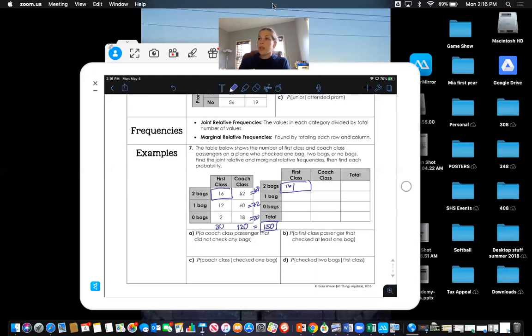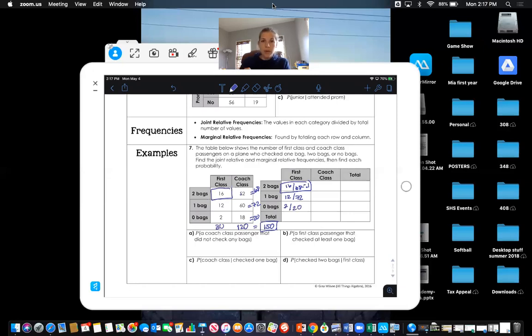So if I'm trying to figure out what the percentage of people who were both first class and checked two bags, that would be 16 out of my 68, which would give me about a 0.1 probability. If I'm doing one bag was 12 out of the 72 who checked one bag, that they're in first class, and 0 would be 2 people out of the 20 who checked 0 bags.